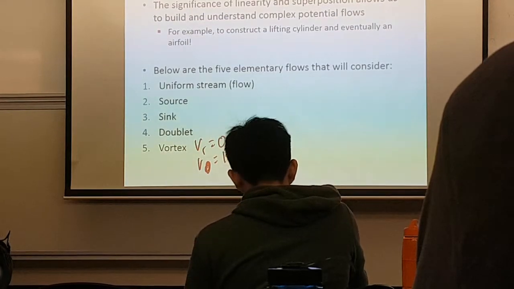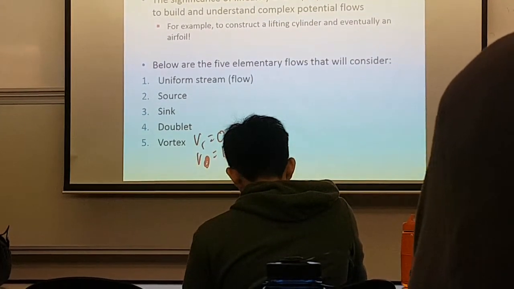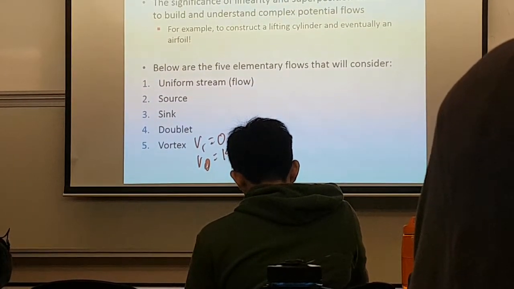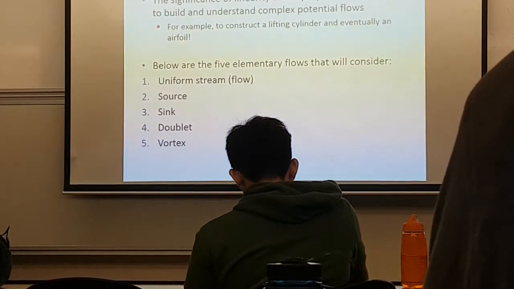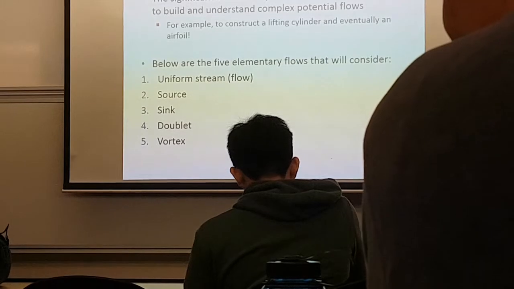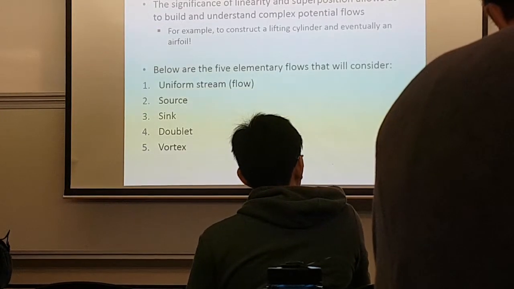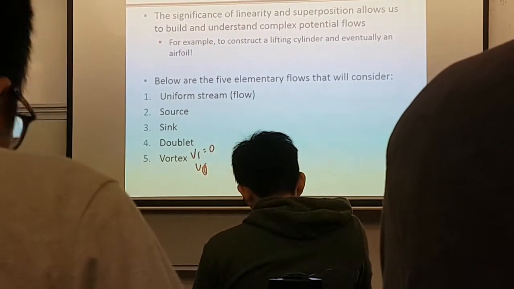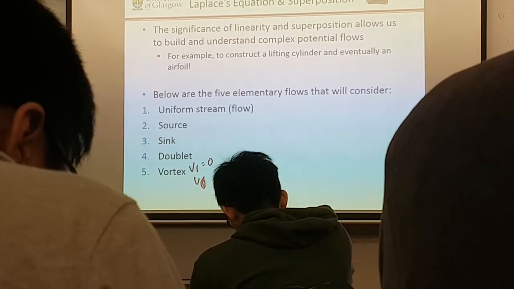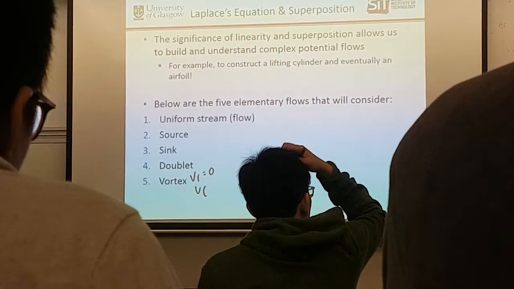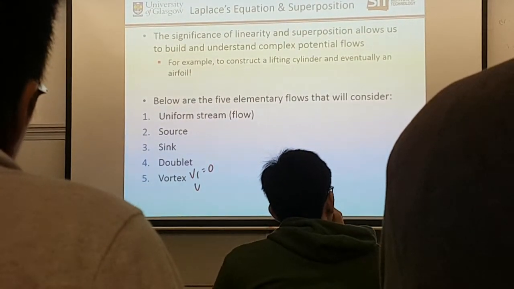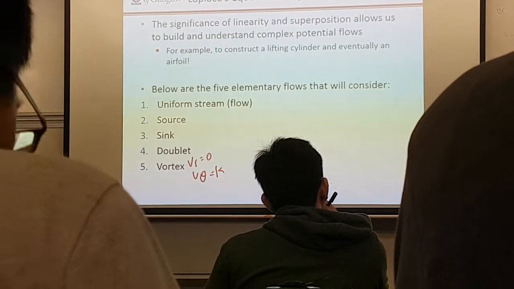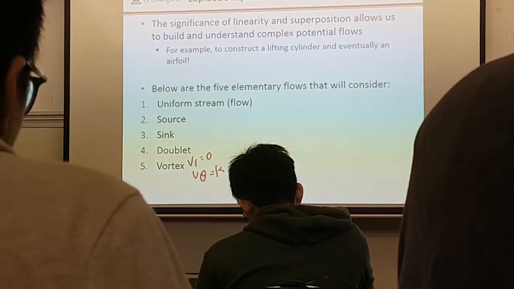For vortex flow, there's no radial velocity. That means the vortex remains in its own shape, but it has a tangential velocity, v theta. Your vr is always equal to 0, and your v theta is equal to some value.